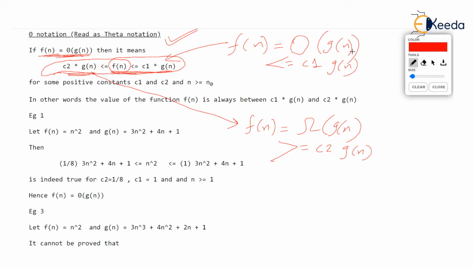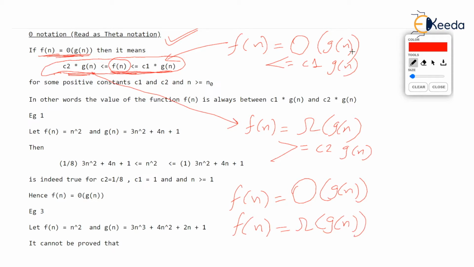So Fn is both less than or equal to C1 times Gn and greater than or equal to C2 times Gn. That means Fn is O of Gn is true, and Fn is omega of Gn is also true.